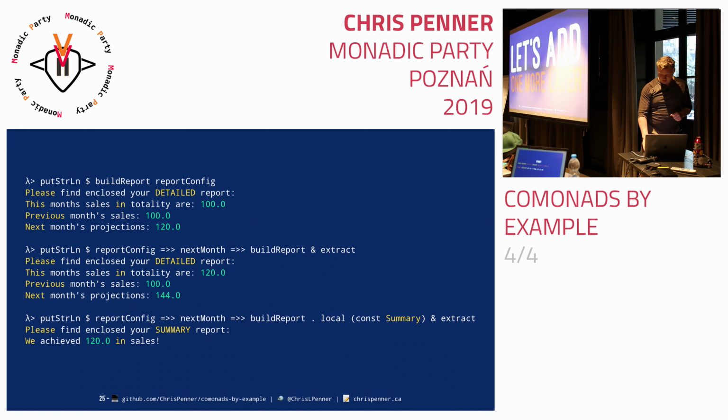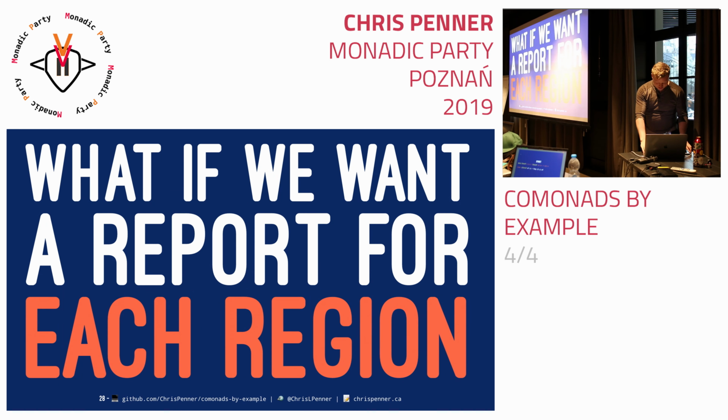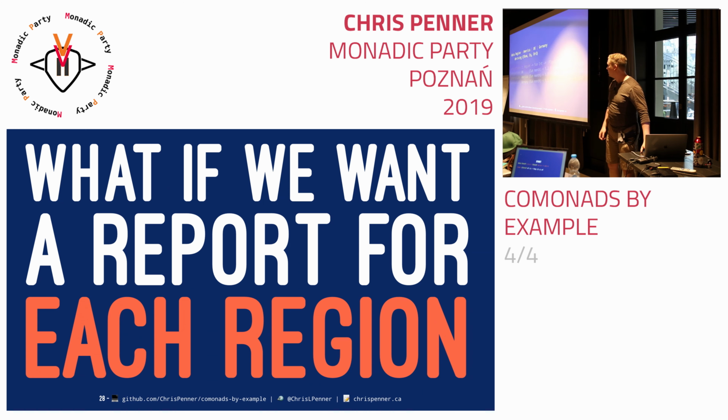Okay. Let's add one more layer. Do we think we can handle one more layer? Okay, and we'll see how crazy this gets. So what if this beautiful report builder caused us to succeed and now we're in multiple countries, okay? And we want to see what our report could possibly be like for each of many countries.